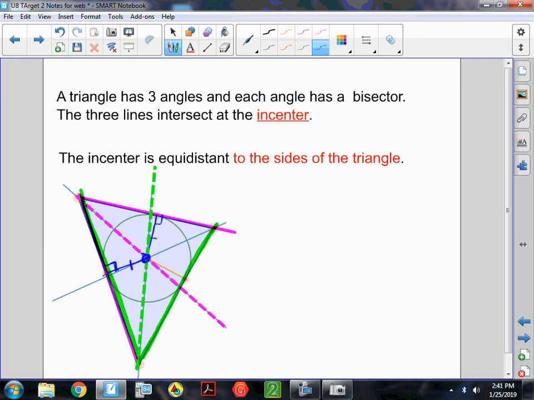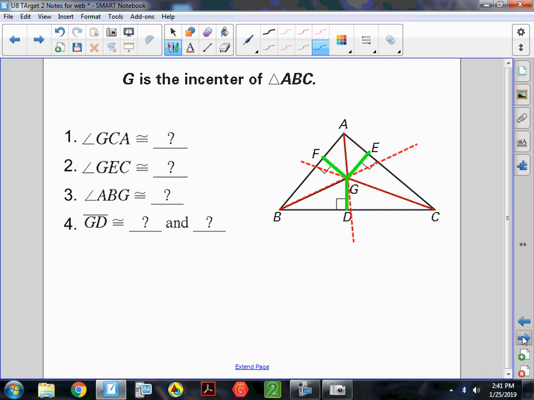So the first one on the left is already drawn, the second one on the right. And so now I have these 3 angle bisectors creating these segments that are drawn to the sides. So the center of the circle shows that the center is equidistant from all 3 sides of the triangle. And so we could do problems like this.